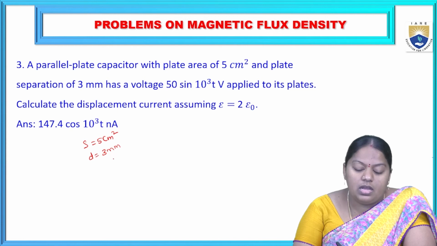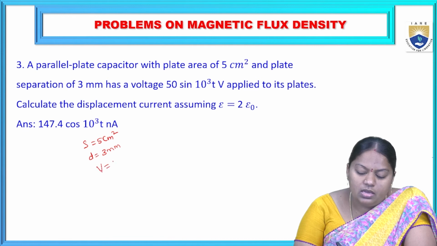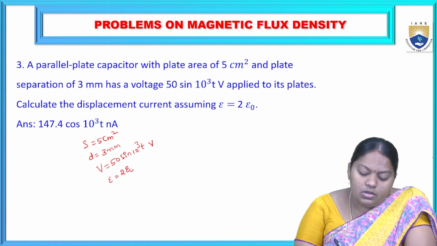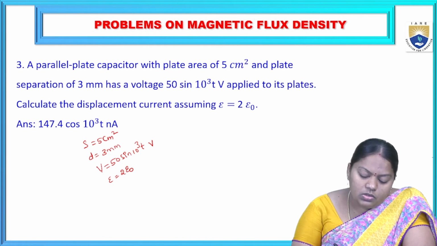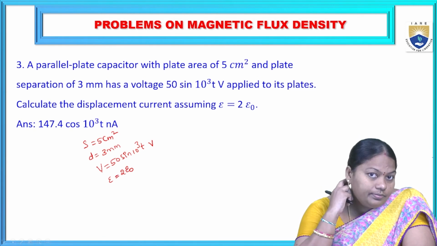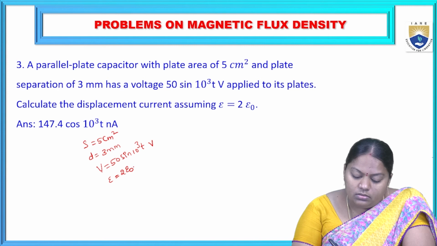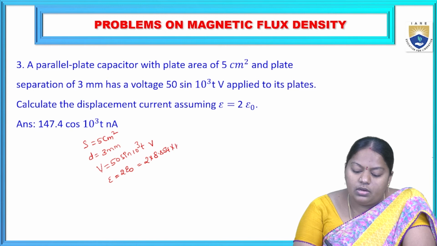It has a voltage of V equal to 50 sine 10 cube t volts applied to its plates. Calculate the displacement current assuming that epsilon equal to 2 epsilon naught, where epsilon naught is 8.854 into 10 power minus 12 farad per meter.